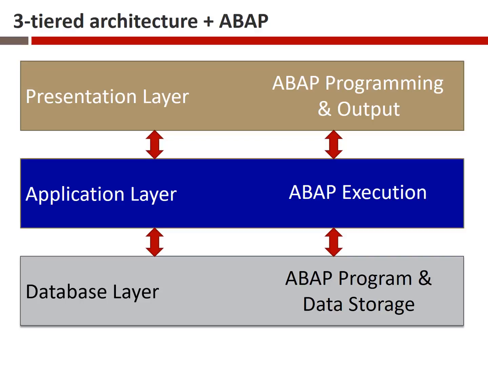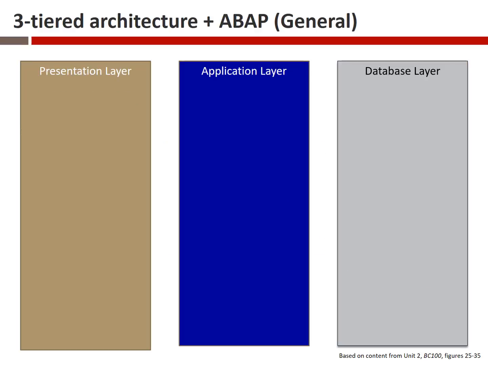All right, so let's look through a hypothetical interaction scenario with ABAP and the three-tiered architecture. So I've changed my diagram here to make the layers vertical because it makes this slide a little bit cleaner, but we're still looking at the same fundamental structure. So the user sits down, logs into the SAP GUI, and runs a transaction.